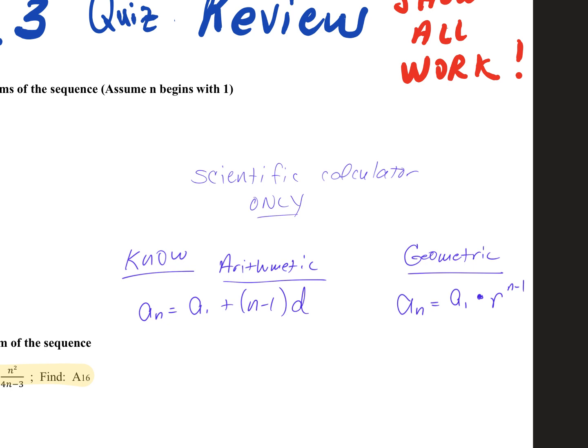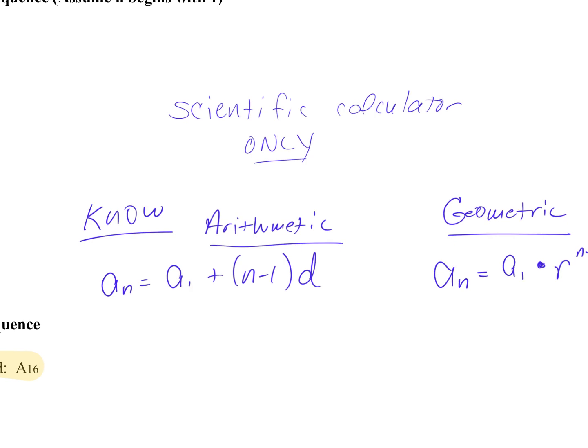Remind me, what do we know about arithmetic? What is the d, the common difference? It's another way we can look at that. It's the slope, right? It's the same as the slope. You're going to add or subtract the same thing to get from one term to the next. It's a linear function.